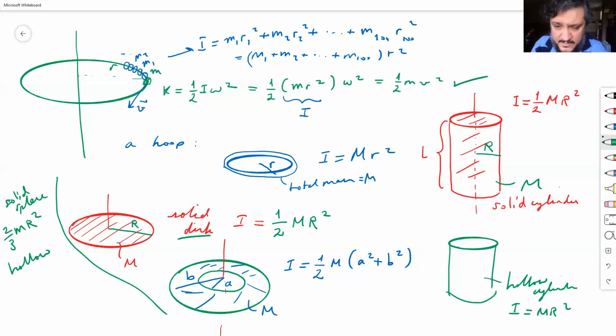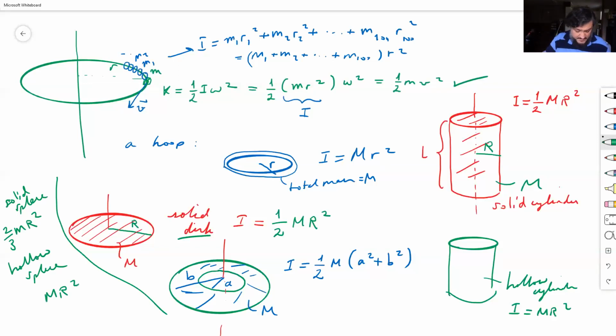I think one is 2/5, one is 2/3. I'm going to check those in a second. Hollow sphere, MR squared. I'm not supposed to forget these, but I just did.